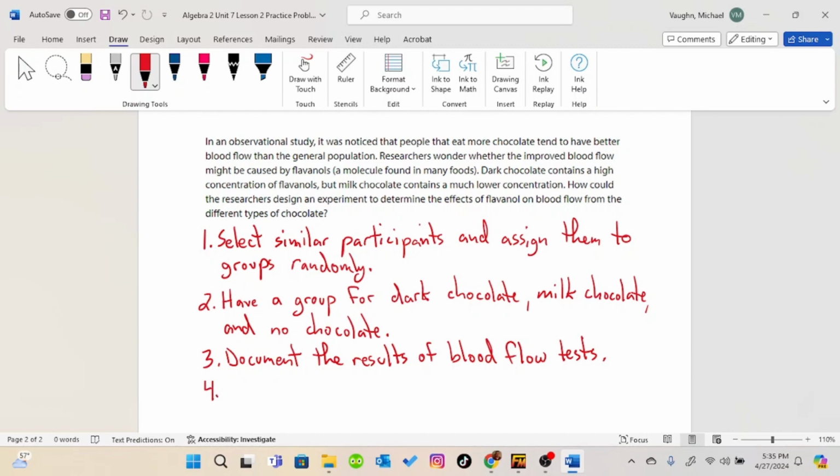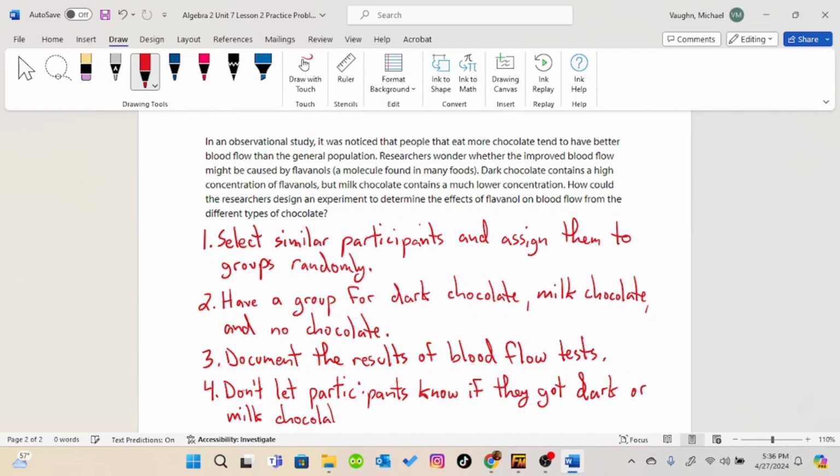You also don't let participants know if they got dark or milk chocolate.